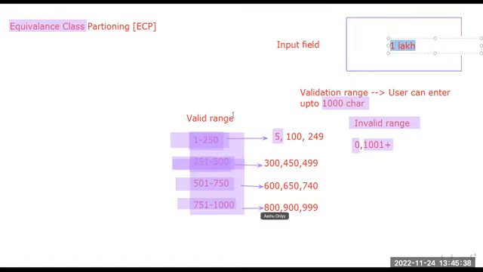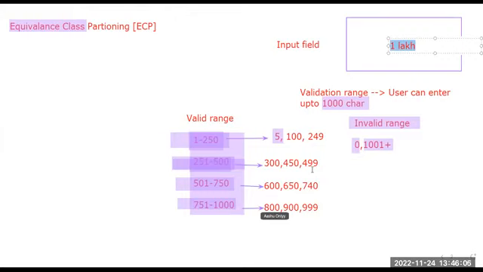For that reason, we apply equivalence class partitioning, to test this input field with multiple combinations and multiple test data. If there is a small range where we need to validate some minimum and maximum, you can apply boundary value analysis. But if there are more values to validate for this input field, then you have to apply equivalence class partitioning.